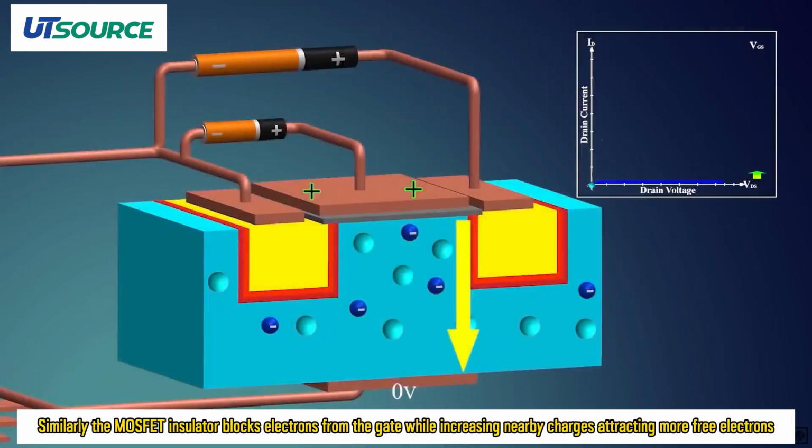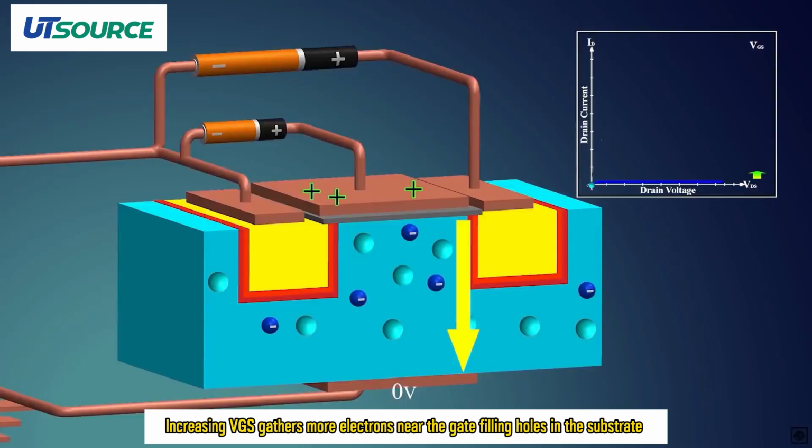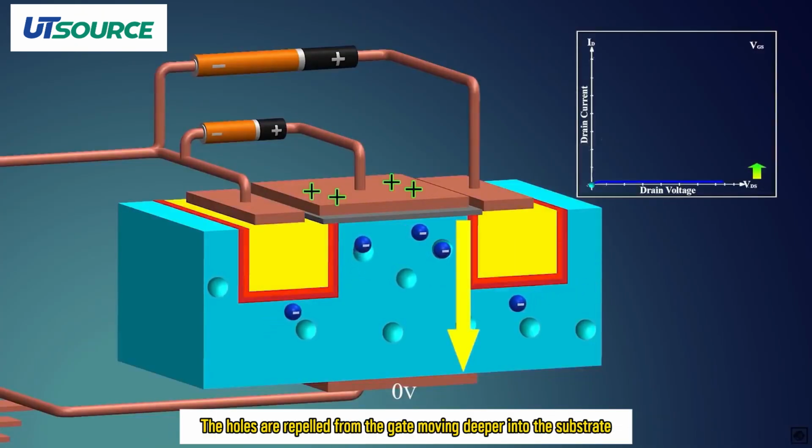Similarly, the MOSFET insulator blocks electrons from the gate while increasing nearby charges, attracting more free electrons. Increasing VGS gathers more electrons near the gate, filling holes in the substrate. The holes are repelled from the gate, moving deeper into the substrate.